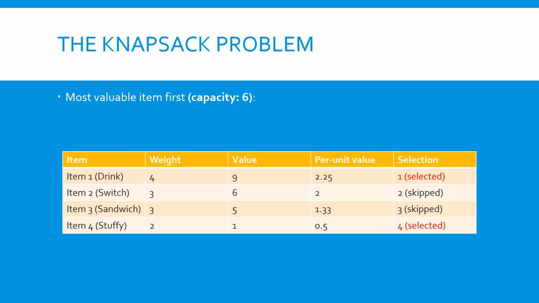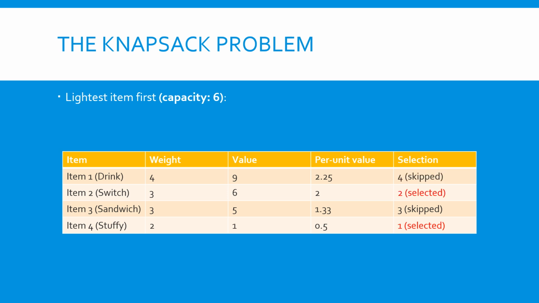Thus, we select the stuffy toy. In total, we have selected drink and stuffy. Their combined weight is 6, which is within the capacity limit. Their total value is 10, but it is not optimal, as selecting switch and the sandwich will yield a total value of 11. Therefore, the greedy criterion of choosing the most valuable item first does not yield an optimal solution.